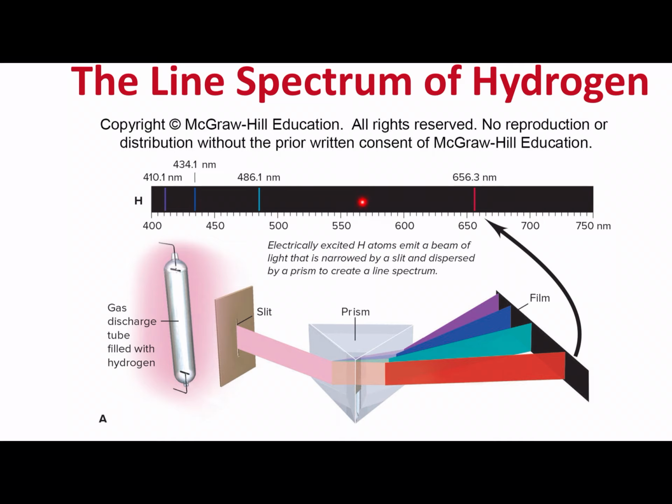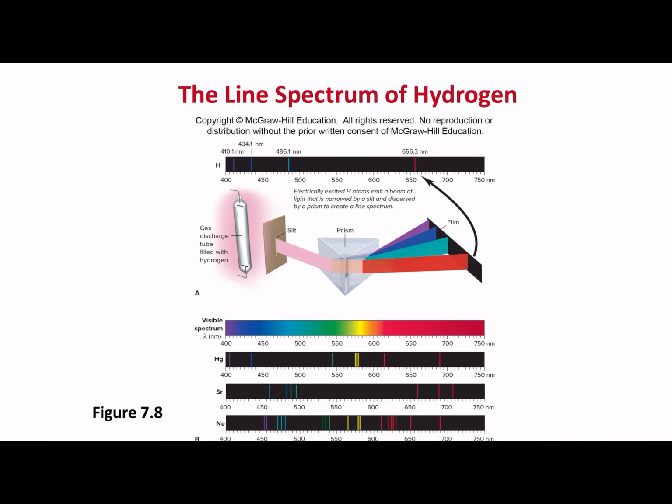So there are 4 lines. You will see this in the virtual lab, the diagram for the hydrogen spectral lines. After you are done listening to this, please go ahead and watch that virtual lab.